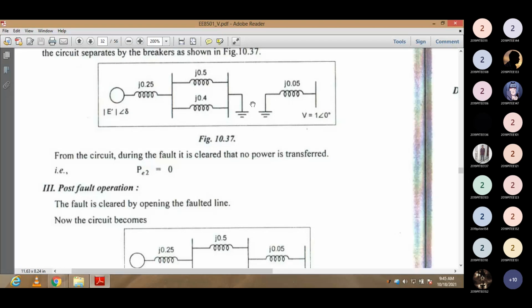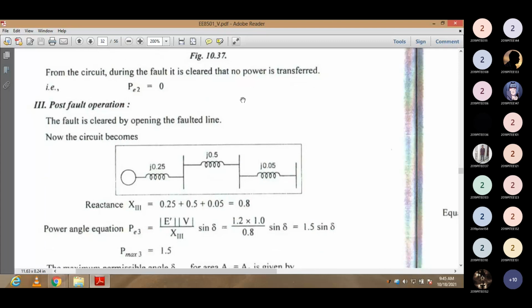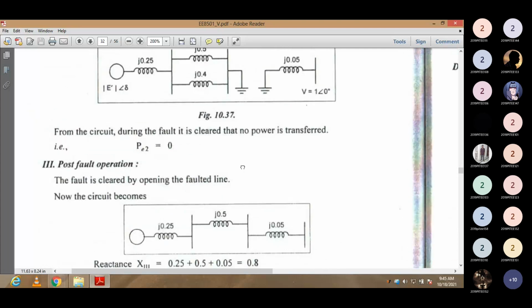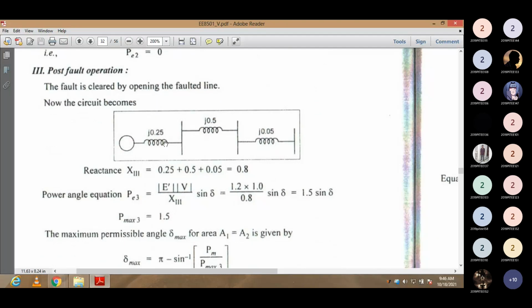So third case is post-fault operation. So what does post-fault operation mean? The fault is cleared by opening the faulted line. So you people are aware of what the faulted line is. So the faulted line is nothing but your second transmission line, J.4. So you just remove the faulted line.